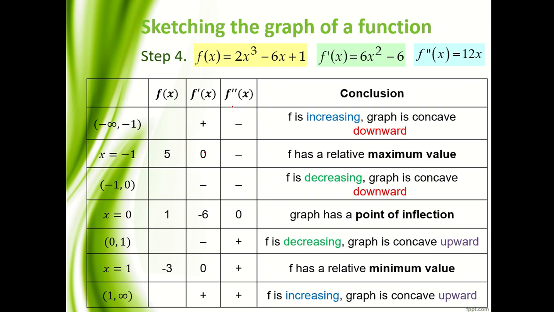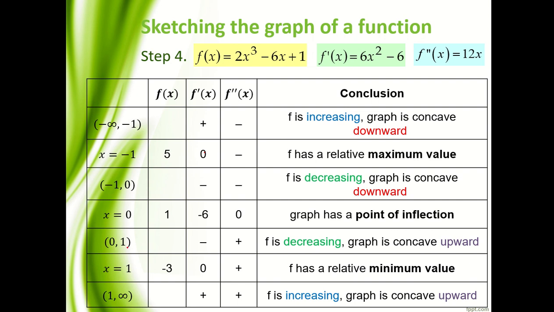And if our f double prime of x equals 0, it means that the graph has a point of inflection. So this is a point of inflection, x equal to 0, f of x equal to 1. This is the point where the concavity changes, from downward to upward.